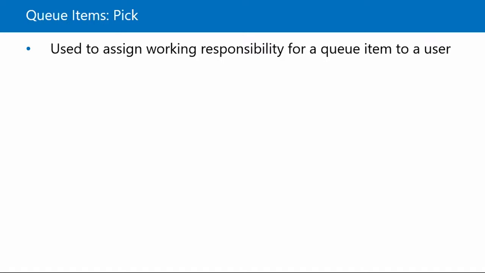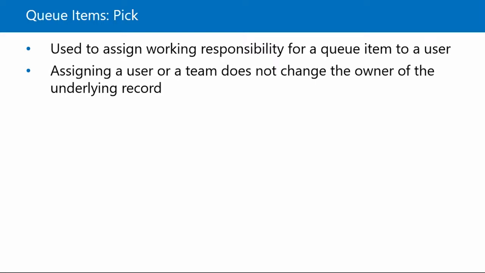Every queue item has a Pick action button that can be used to assign working responsibility for a queue item to a user or team. Now, assigning a user or a team to the Worked By field does not change the owner of the underlying record. Also, once the tasks required by the assignee are performed, the queue item can then be released.